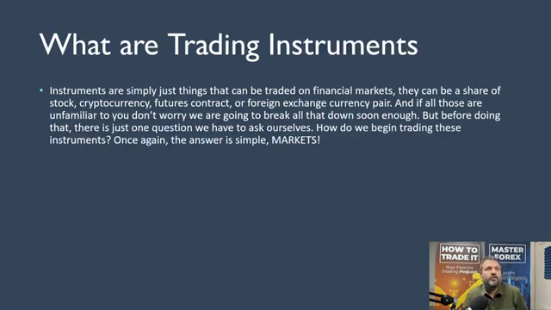What are instruments? Instruments are simply things that can be traded in the financial markets. They can be a share of stock, cryptocurrency, futures contract, or a foreign exchange currency pair. It can be an option. And if all of those are unfamiliar to you, don't worry. We're going to break it all down during this video.